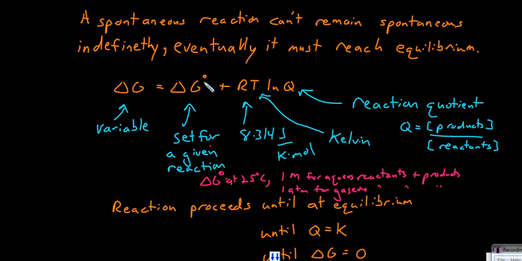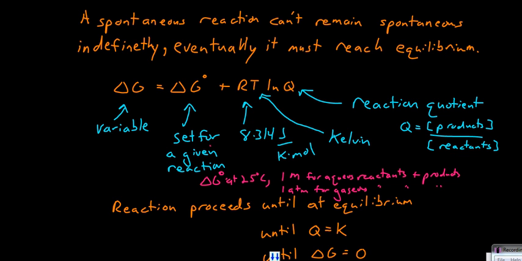So again, there's some standard free energy change of a reaction, which gives us a good idea about how spontaneous it might be. But that spontaneity also depends upon how far the reaction has proceeded, how far Q is off from K, the ratio of products to reactants. These both affect the spontaneity of a reaction for a given moment.